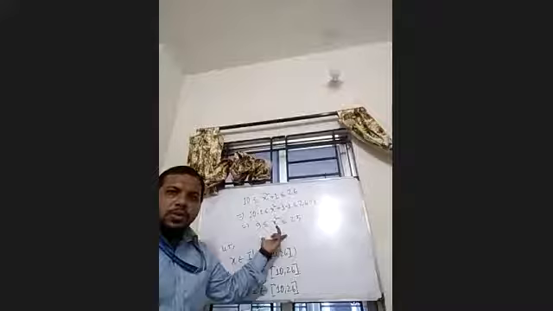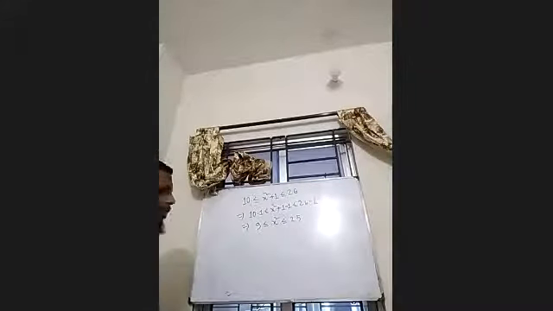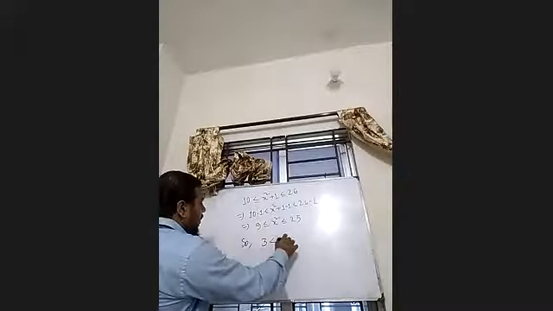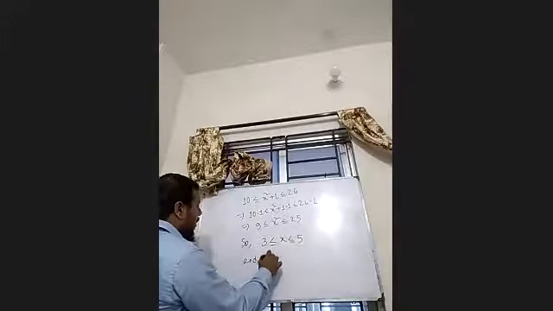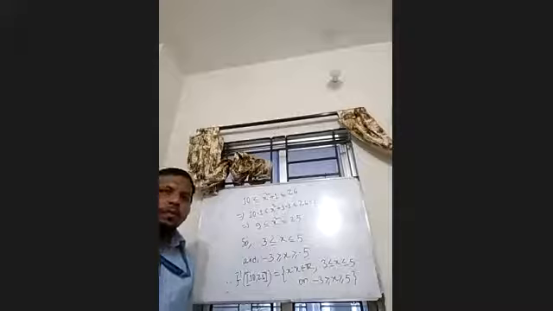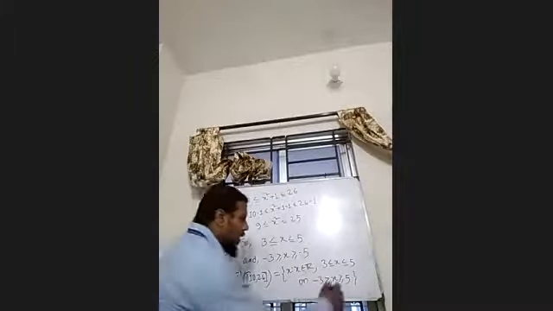So we can make a relation like this: 3 is less than or equal to x, less than or equal to 5, or minus 3 is greater than or equal to x and greater than or equal to minus 5.